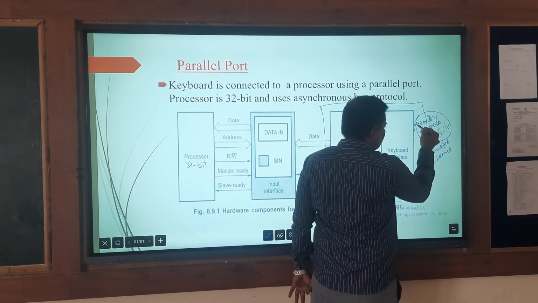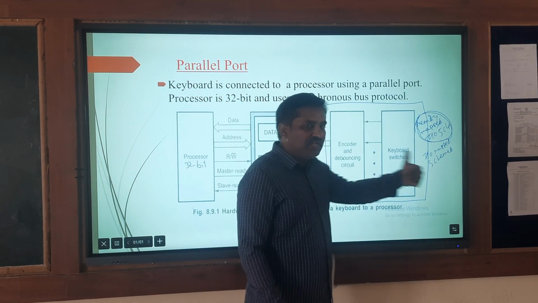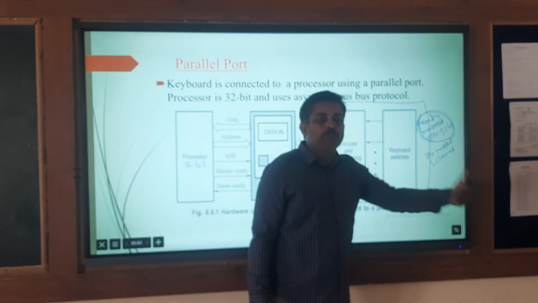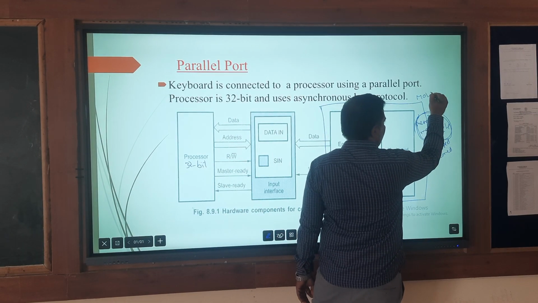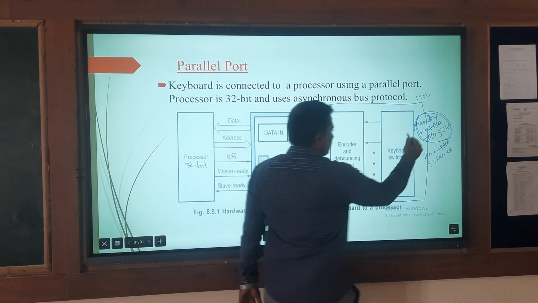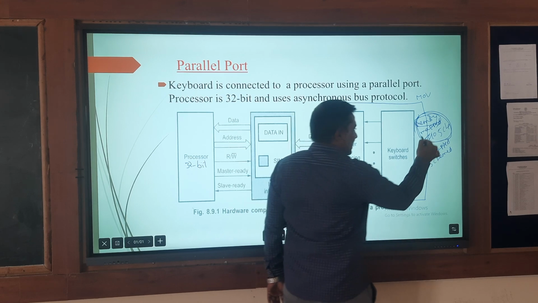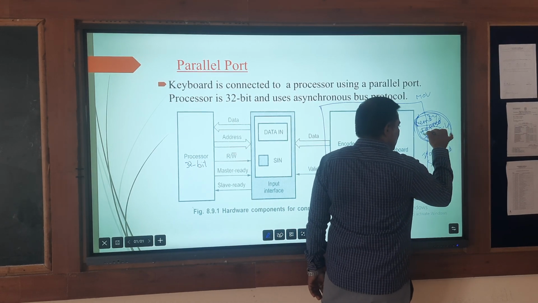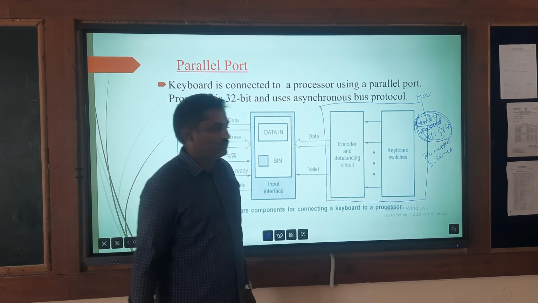So in memory mapped, the same instructions are used for memory data as well as input output data. Here if I want to use the move instruction to transfer data, that will be suitable for data stored in the memory as well as data stored in the input output space.